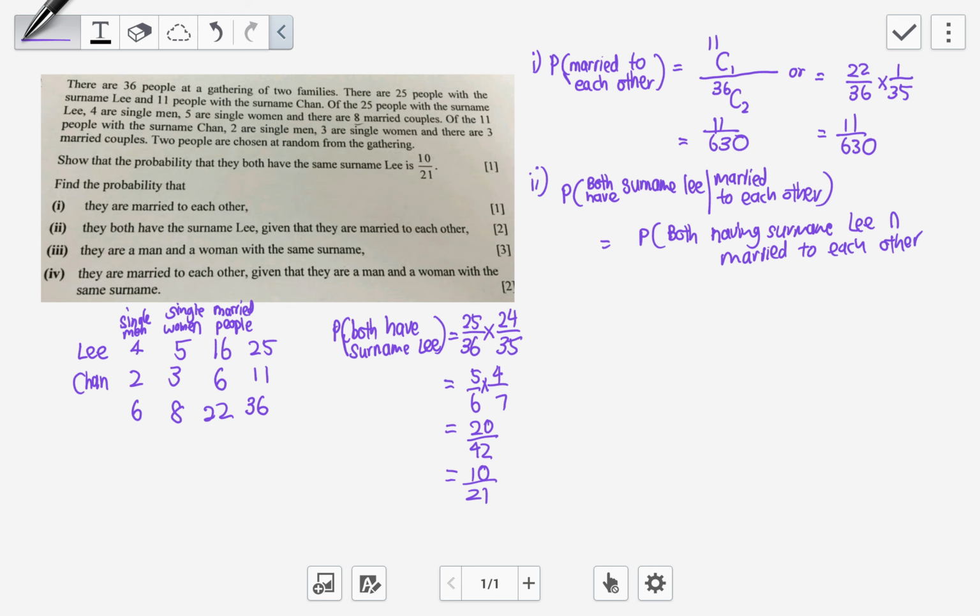You see that if a couple is married to each other, if the two persons chosen are married to each other, according to this question, they would both have the same surname.